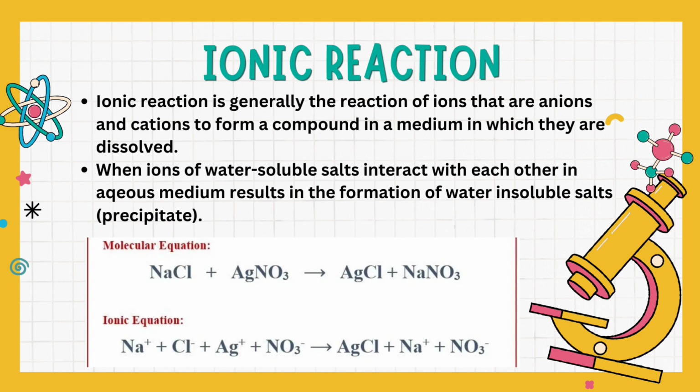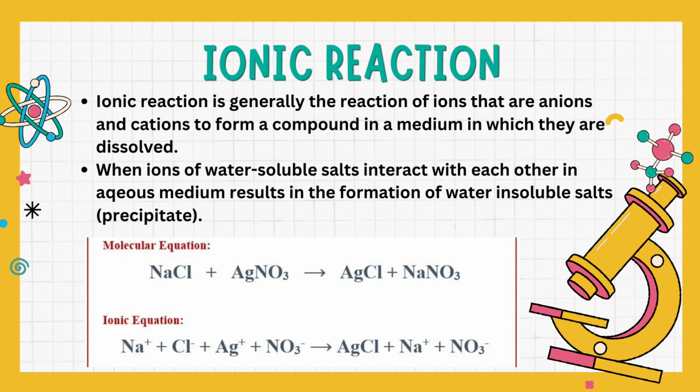The next one is ionic reaction. An ionic reaction is generally the reaction of ions, that is anions and cations, to form a compound in a medium in which they are dissolved. When ions of a water-soluble salt interact with each other in an aqueous medium, it results in the formation of a water-insoluble salt, which is the precipitate.